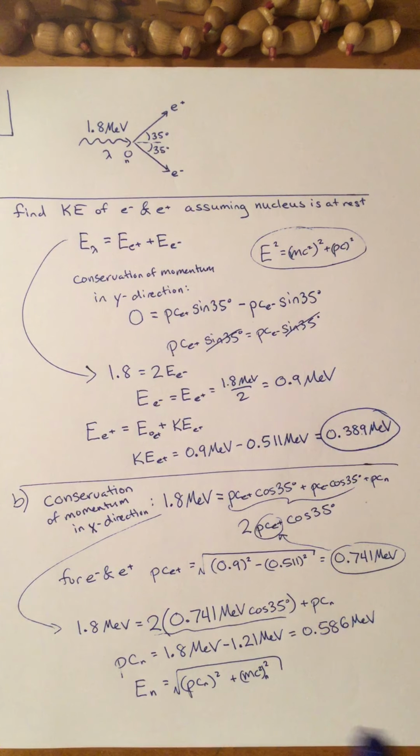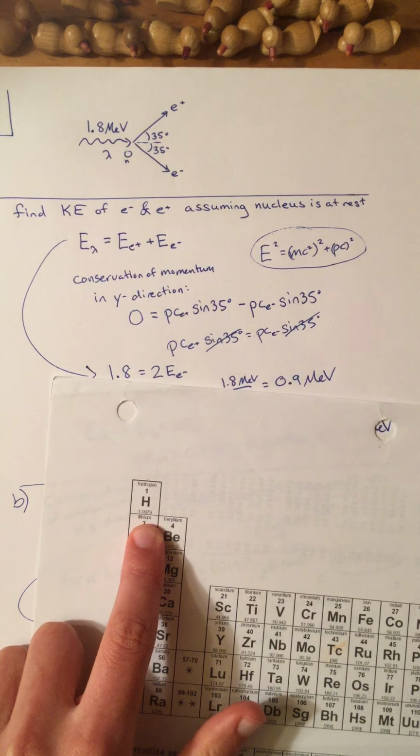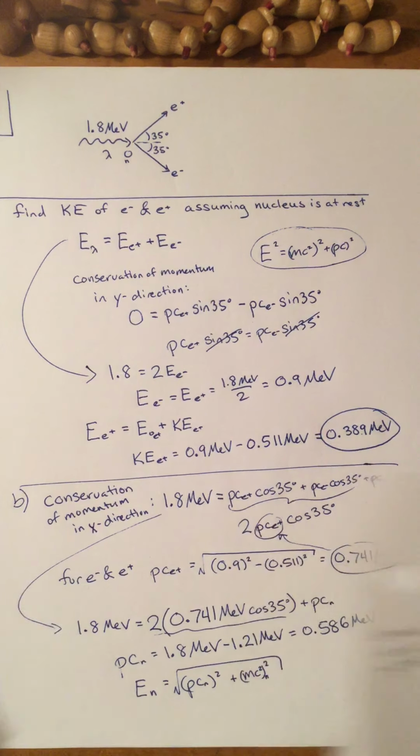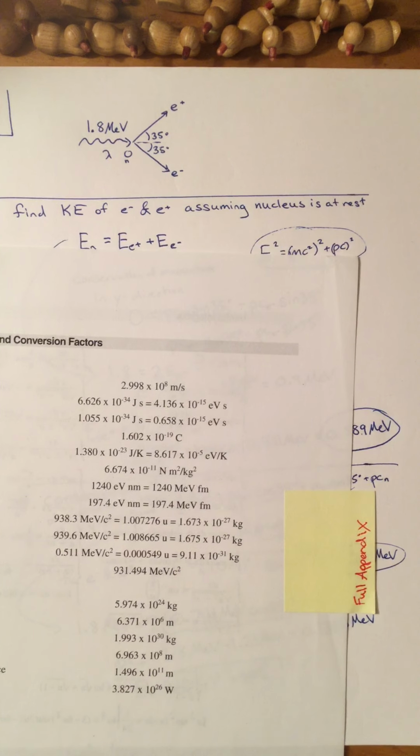I need to know the rest energy for the hydrogen nucleus, so I can pull out my periodic table to find the mass in atomic mass units. That's 1.0079. Then I go to page 1 of the appendix, and 1 atomic mass unit is equal to 931.494 mega electron volts per c squared.